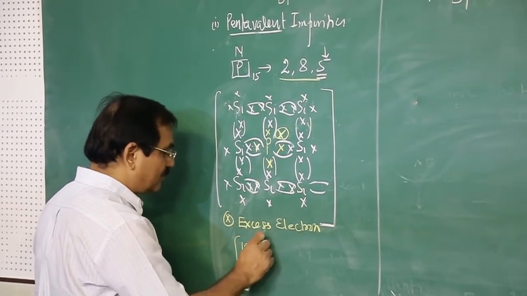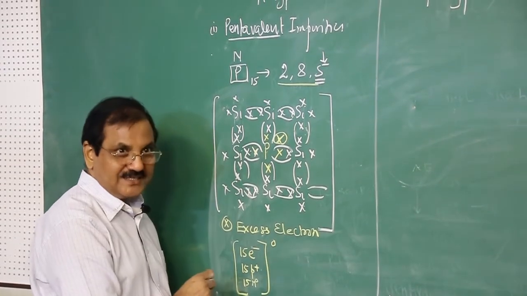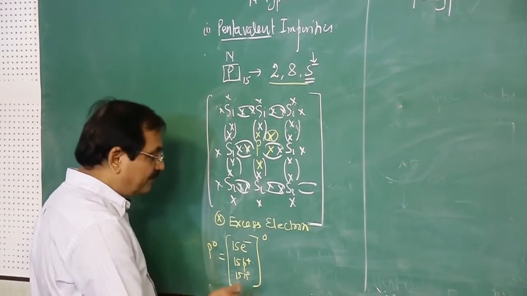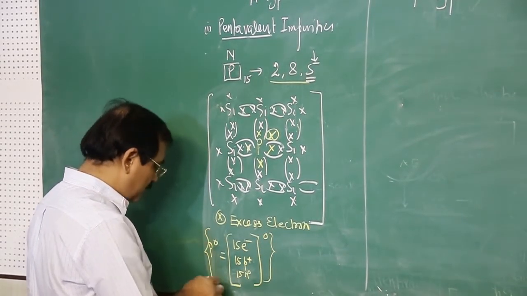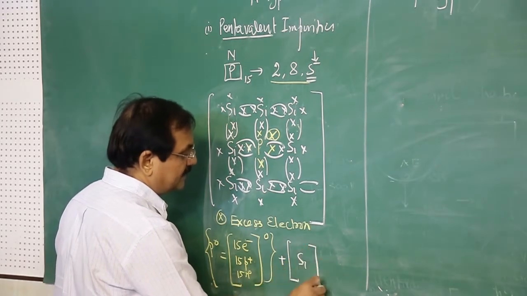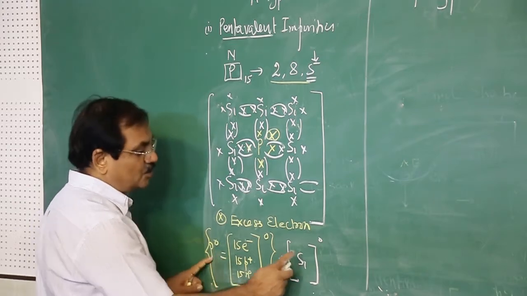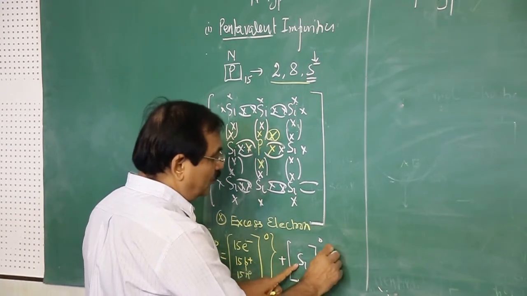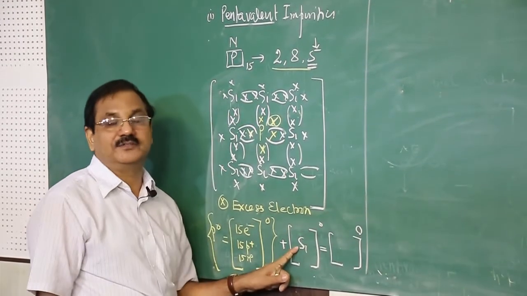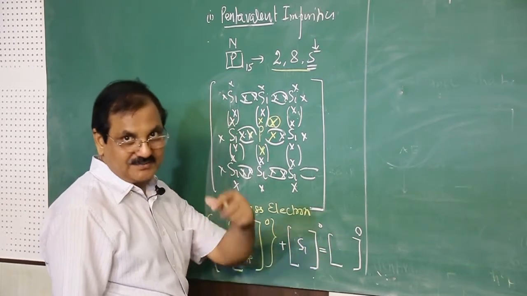With this combination, the phosphorus is neutral. This phosphorus is doped in the silicon crystal, which is neutral. So, when one neutral is doped with another neutral, the system that forms will be neutral.